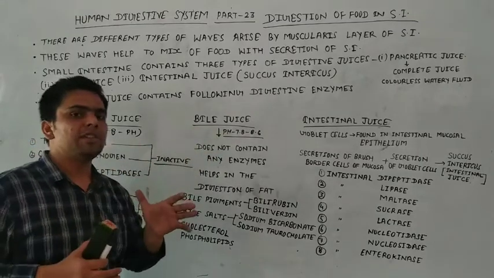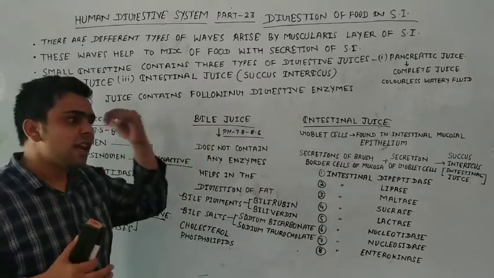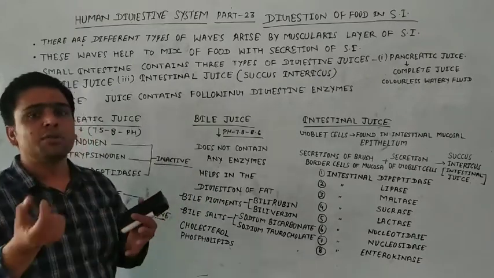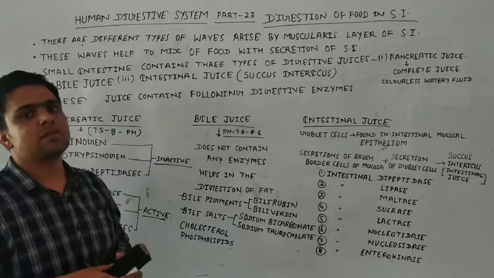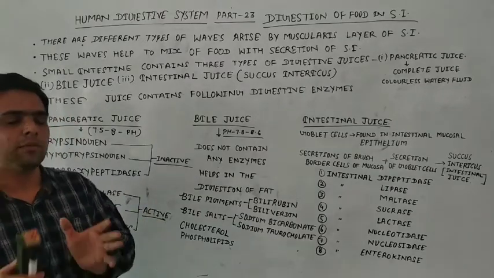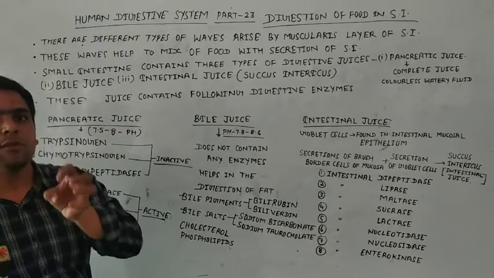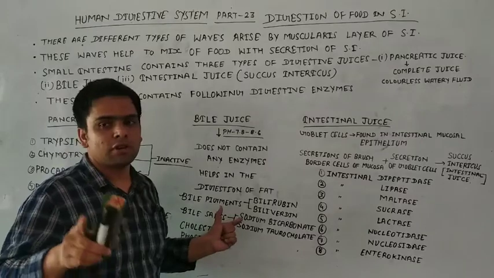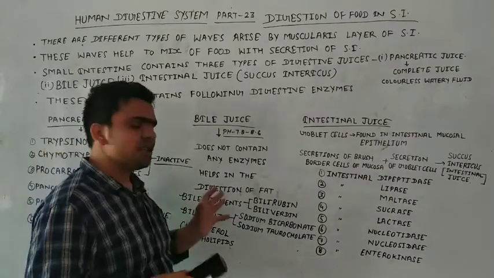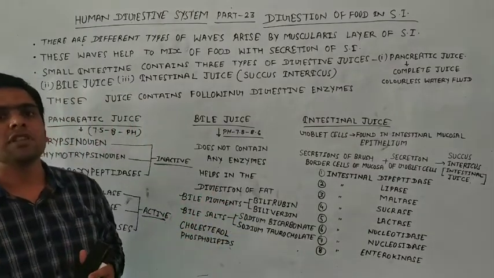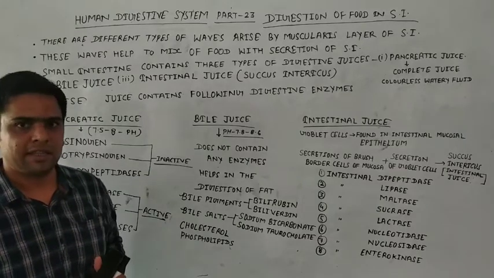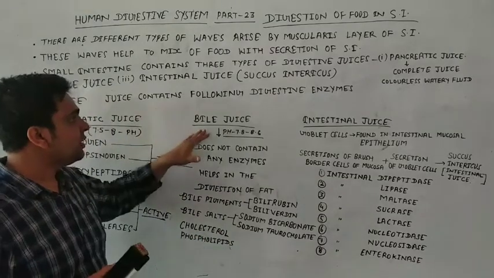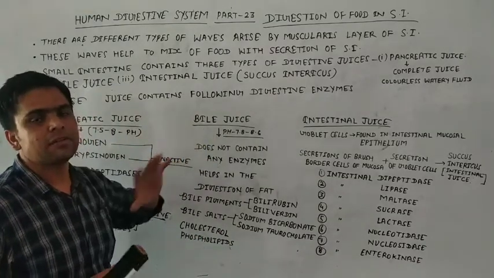Large fat molecules convert into small droplets, and this process is called emulsification. Note it in your notebook, students. This is done through bile juice.